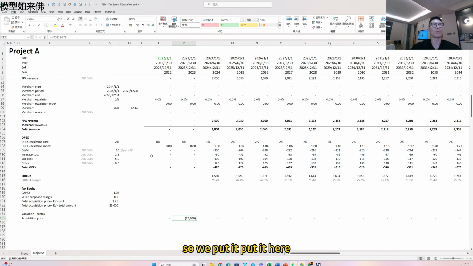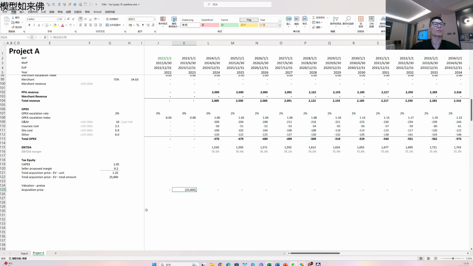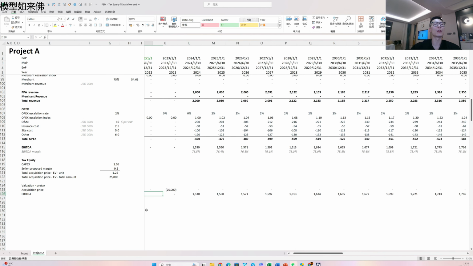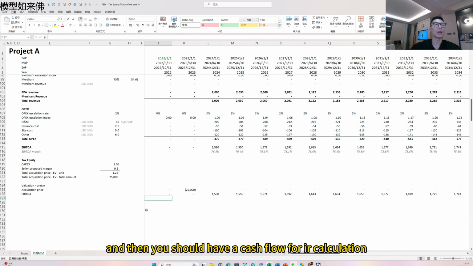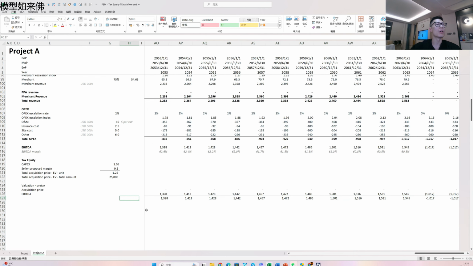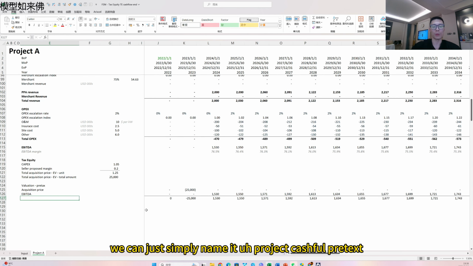So we put it here, and we're having an EBITDA. Your EBITDA will be equal to here. And then you should have a cash flow for IRR calculation. We can just simply name it project cash flow pre-tax.